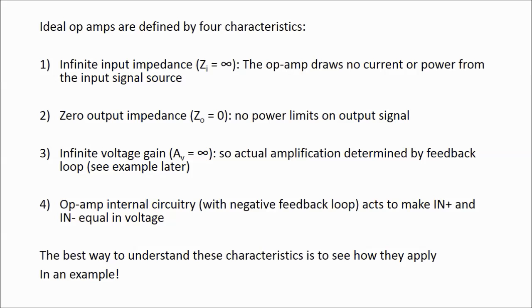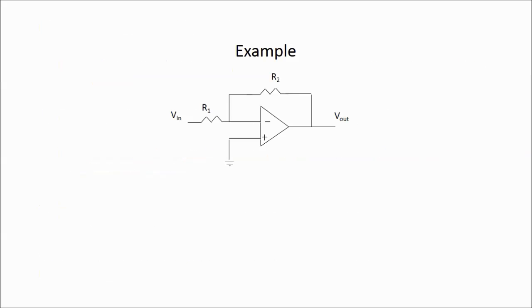So I understand that by themselves, these four characteristics are not very illustrative in understanding what an op-amp does. So let's look at an example. This is a circuit using an op-amp. We have an input voltage that is connected to a resistor R1.